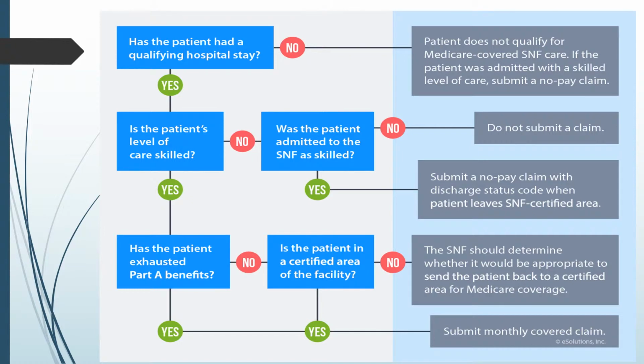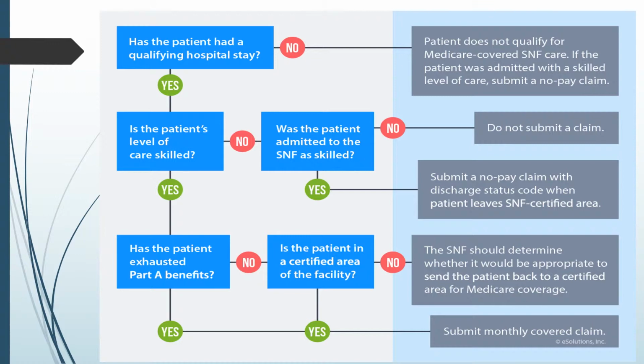On this slide, we have what we call the question, has the patient had a qualifying hospital stay? Whatever answer you have, if it's no, the patient does not qualify for Medicare covered SNF care. If the patient was admitted with a skilled level of care, submit a no pay claim, which is a great form to understand and be able to relate to, because if you're able to answer these questions prior without having to look at this roadmap, then you're great at billing.